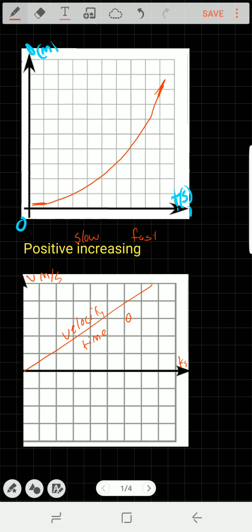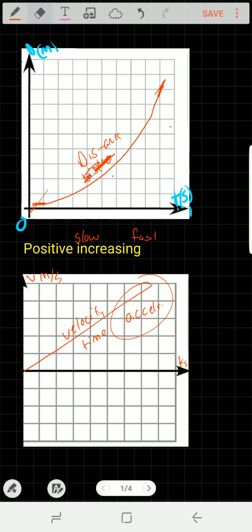So this line represents acceleration, while on my distance versus time graph, it's going to be distance over time, that's going to equal velocity. So this line here measures velocity, while this line over here measures acceleration. And so therefore the lines cannot mean the same thing, even though they look similar on the graphs. So a diagonal line here does not mean a diagonal line on your velocity versus time graph.